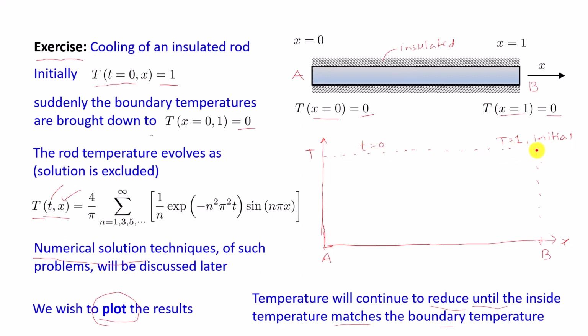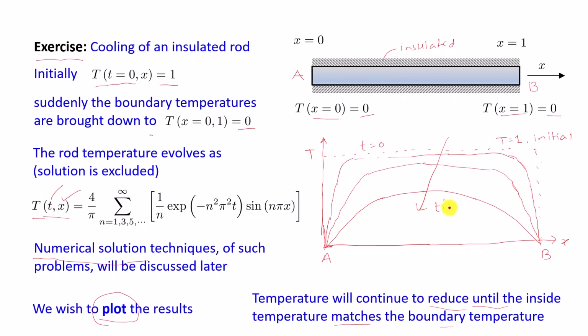We have a straight line here, but then the temperature will begin to fall, which means that it will be like this after some time. Then it will be like this after some time. Then it will be like this. And thus, this is my time.